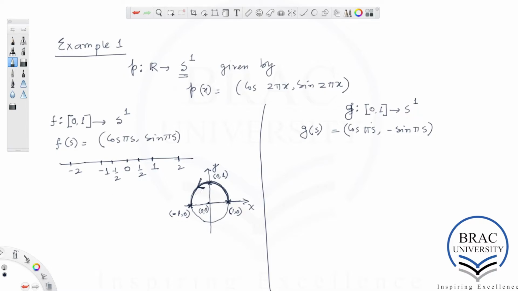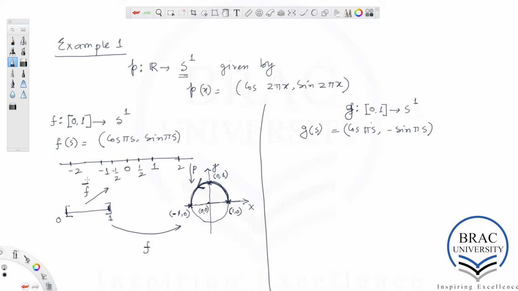This is a path starting at 1, 0 and ending at minus 1, 0, and this path is of course a map from 0, 1 to the unit circle. This map is F. And this is a covering map from the real line to the unit circle, and I want to know what this F bar is.